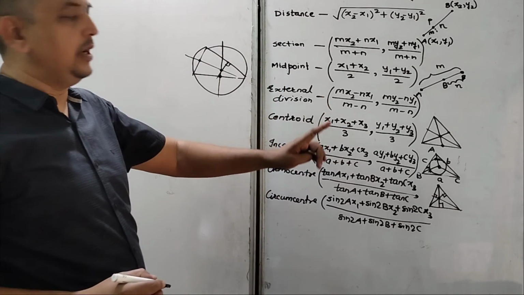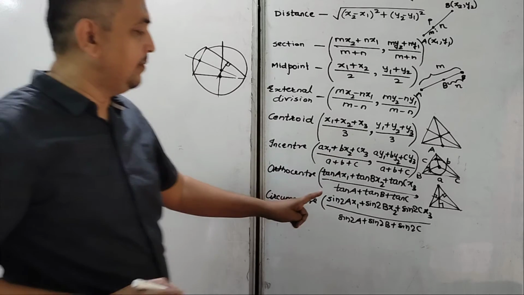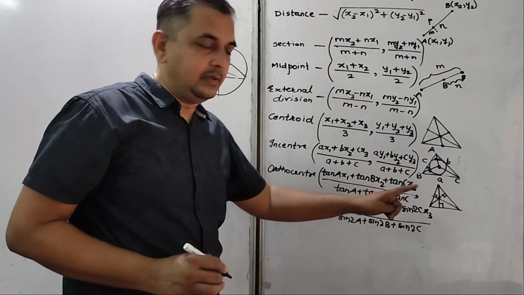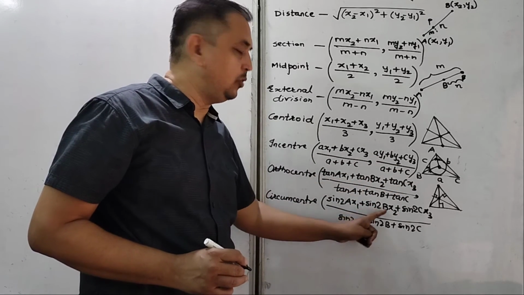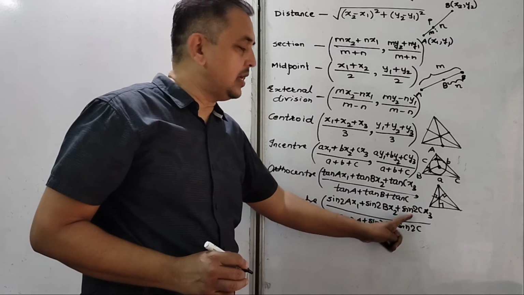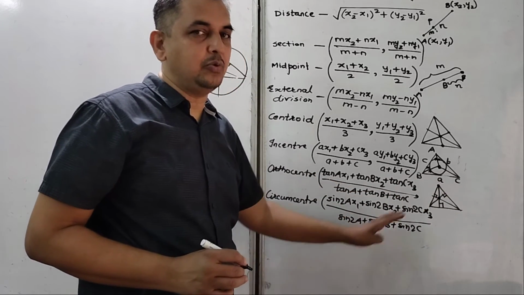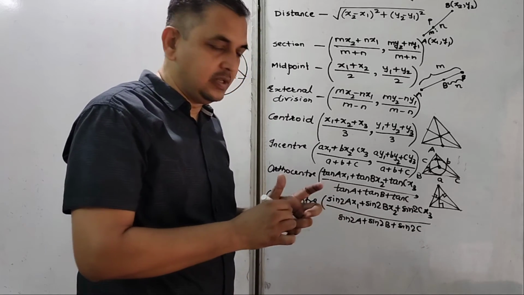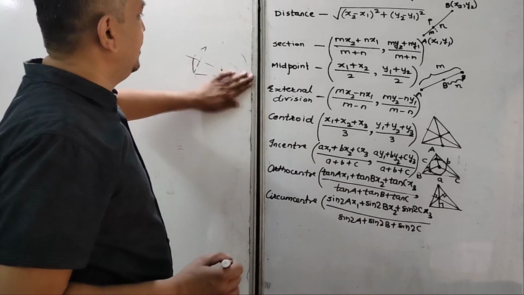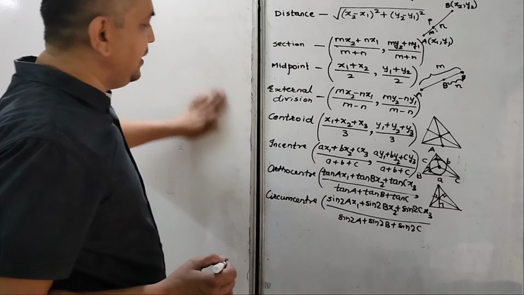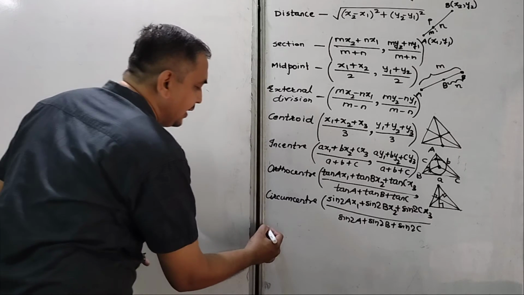Similarly, the y coordinate, what will it be? Sin 2A y1 plus sin 2B y2 plus sin 2C y3 upon sin 2A plus sin 2B plus sin 2C. Is it okay? Now we go for the next formula, very important, the area of a triangle.